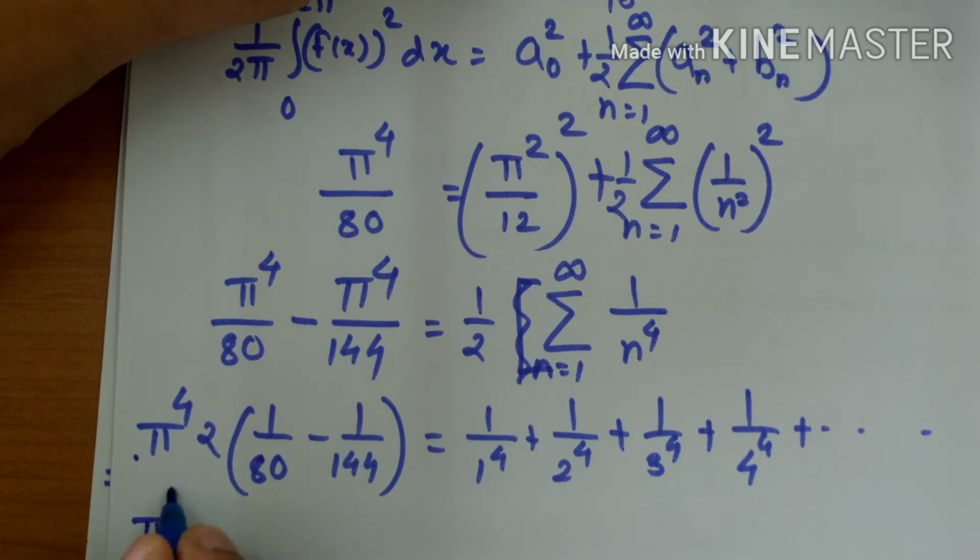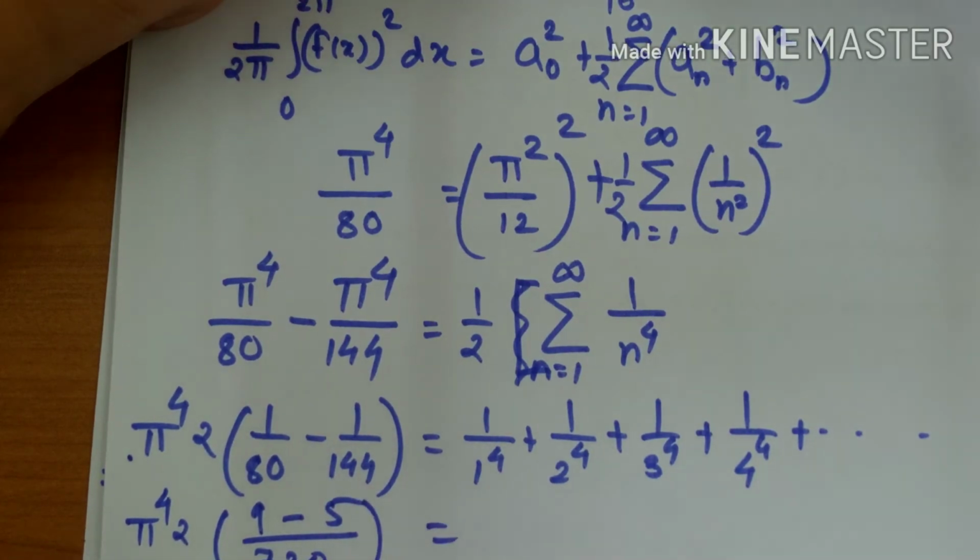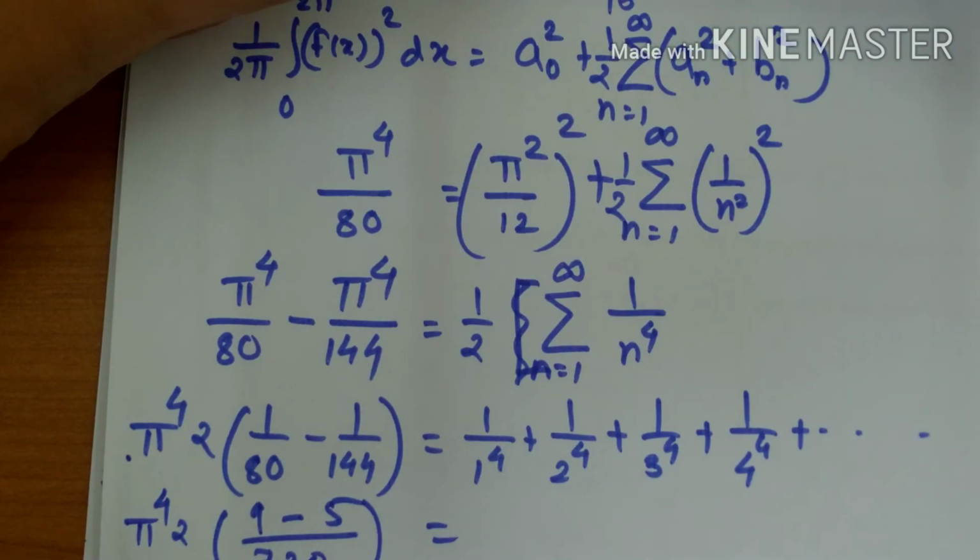So this is pi raised to 4 into 9 minus 5 divided by 720. The right hand side will be as it is. So 9 minus 5 is 4. 4 divided by 720 is 1 by 180. So this is pi raised to 4 into 2 divided by 180.